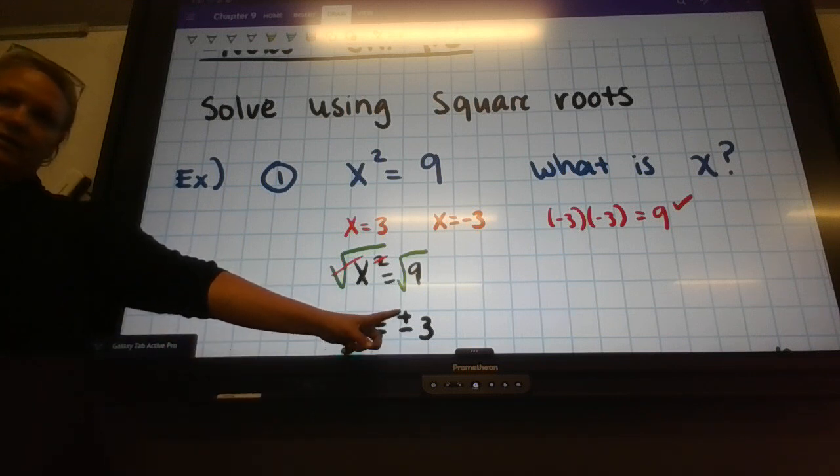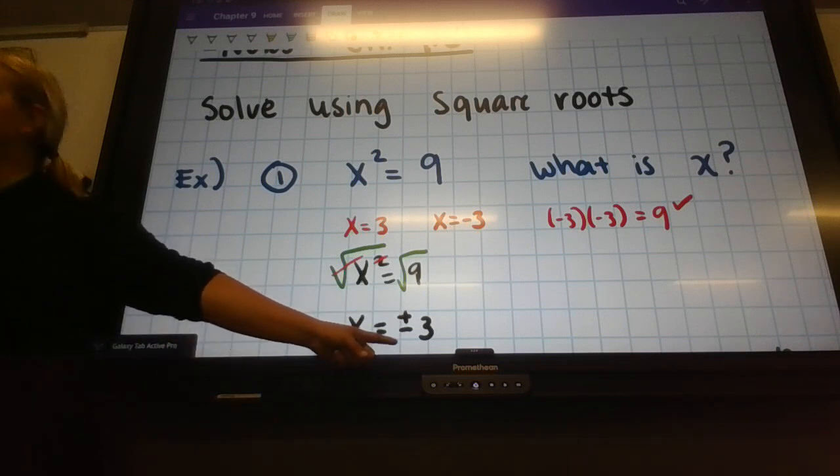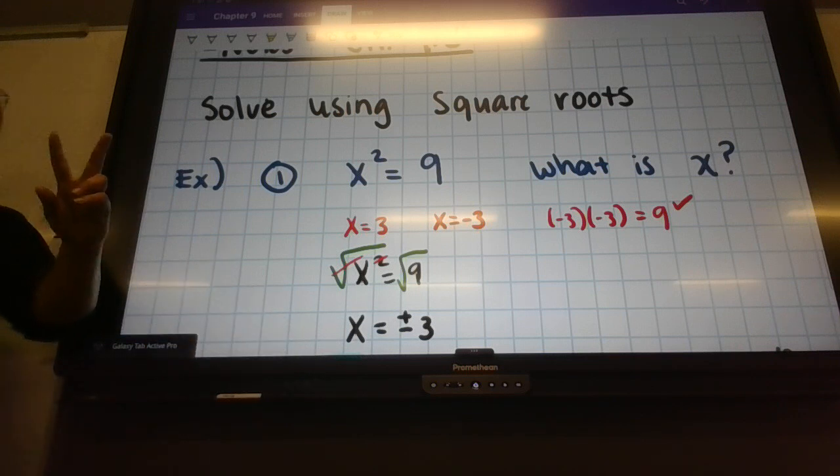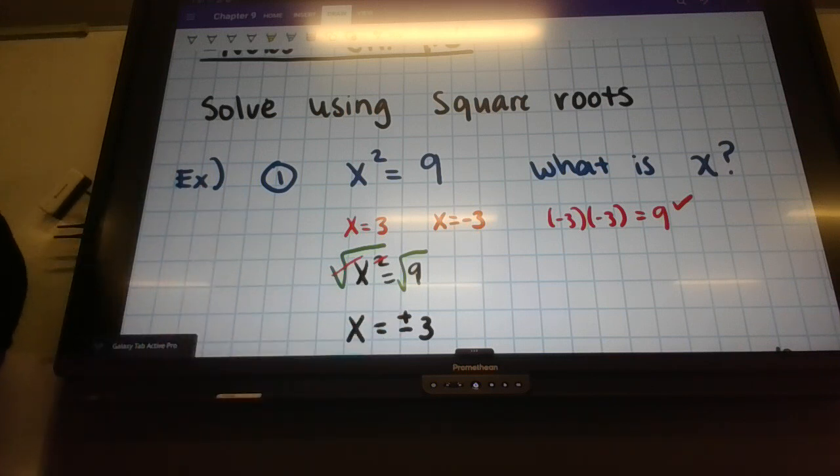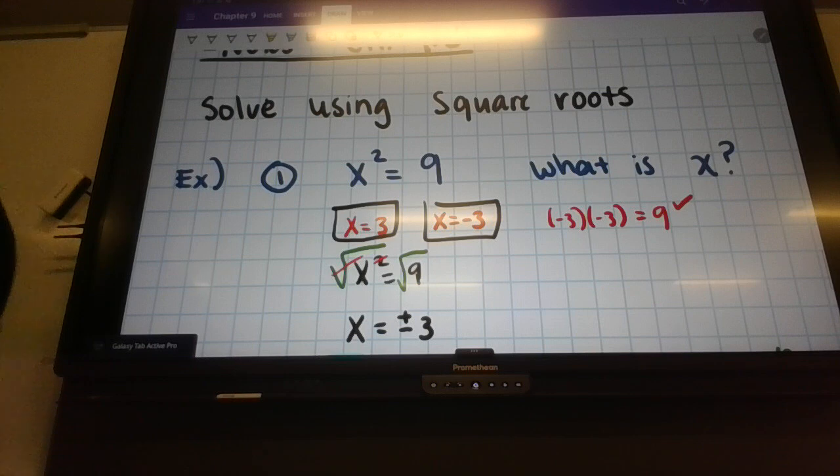That's how it looks in Big Ideas Math too. Sometimes they separate it, but sometimes you'll see the plus sign written over the minus sign, and that just means x is both 3 and negative 3. So that's 2 answers.